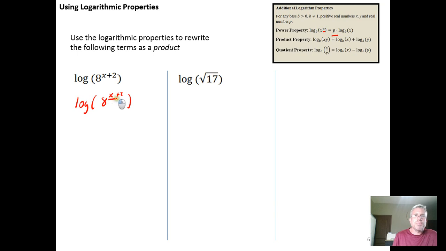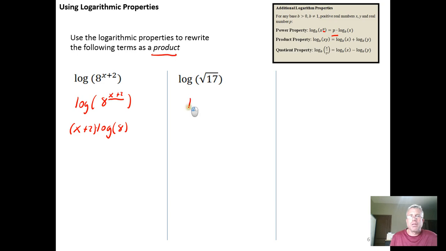So here I have an exponent of x plus 2. I can bring that x plus 2 down front, and it'll be log of the base. The base is 8, and now I've rewritten it as a product because this x plus 2 is being multiplied by log of 8, log base 10 of 8.